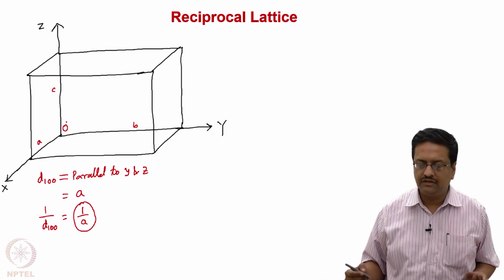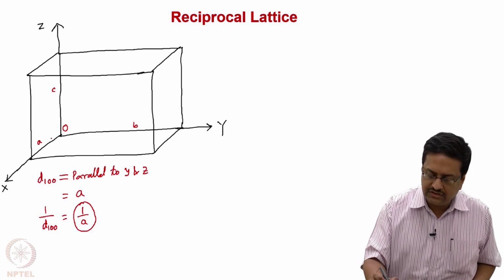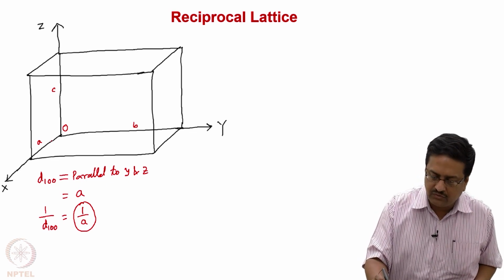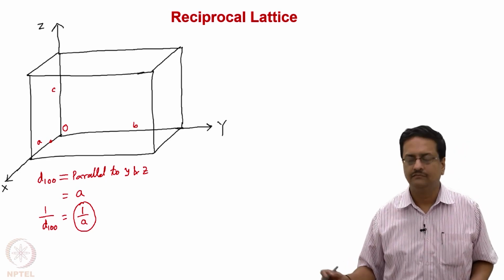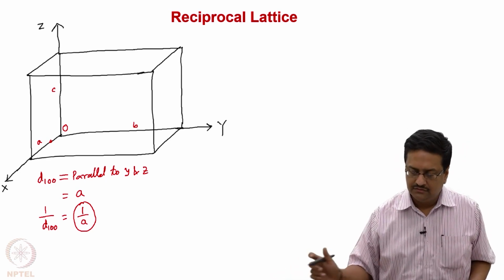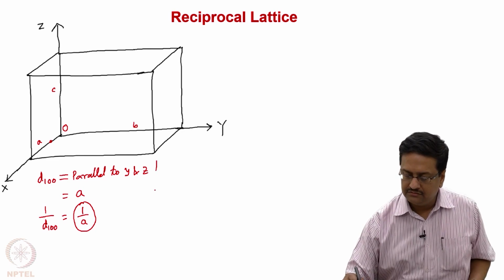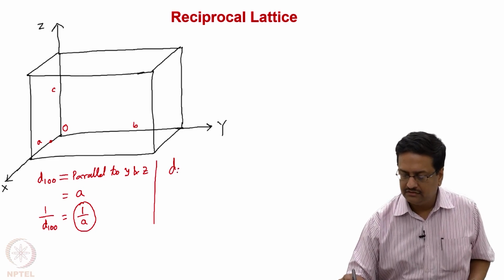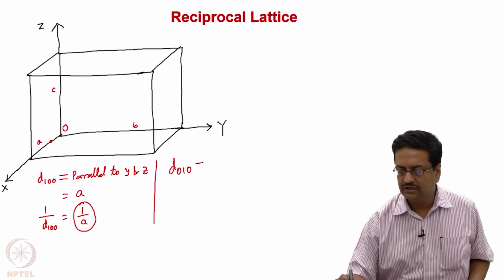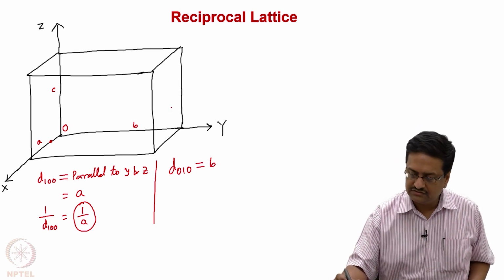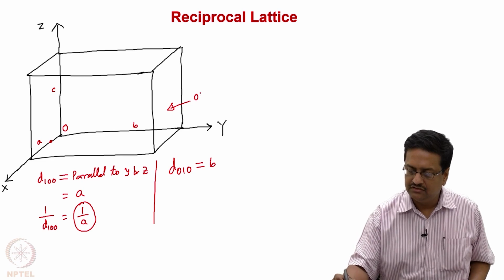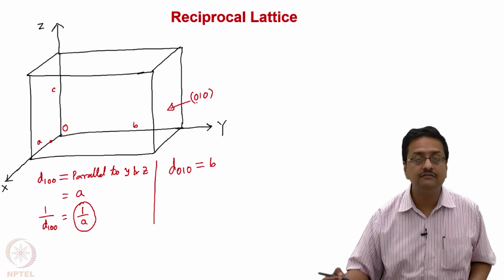So now we consider that 1 by A falls at this point, and then D010 is equal to B, because this is the 0 1 0 set of planes.